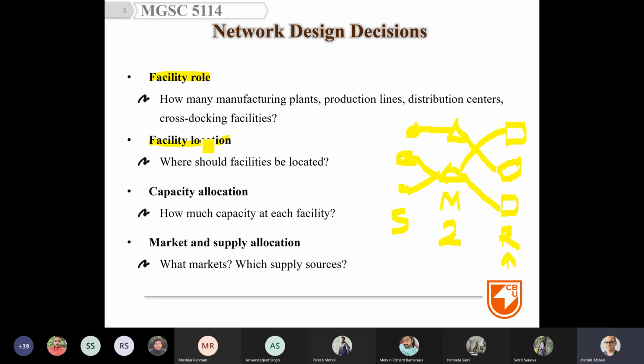Is it good that I establish it close to a large community such as Halifax? Or is it better that I establish it in the middle so that it supports both of them? So this is called facility location decision. We want to decide where to locate each facility. Is it clear for everyone? What do we mean by facility location decisions?